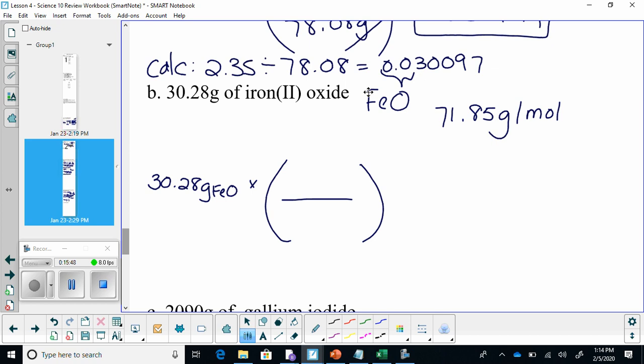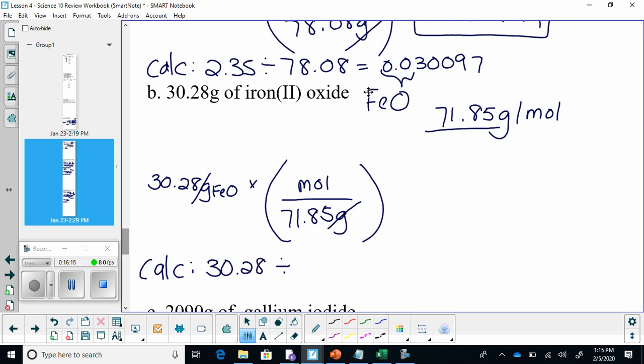We are then going to use our molar mass. Am I going to divide by 71.85 grams, or am I going to multiply by 71.85? Divide. So 71.85 grams, moles in the numerator, grams cancel out. Again, in your calculator, you are going 30.28 divided, because our number is in the denominator, divided by 71.85.